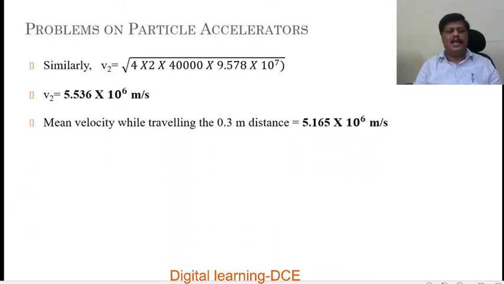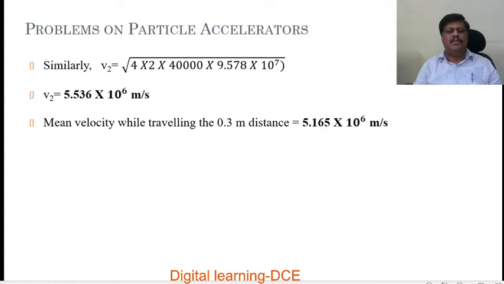Similarly, we can also calculate velocity acquired in the second drift tube. V2 is equal to, so n is equal to 4 here, 4 into 2 into 40 kV into e by m ratio, and after simplification we get V2 is equal to 5.4536 into 10 power 6 meter per second.